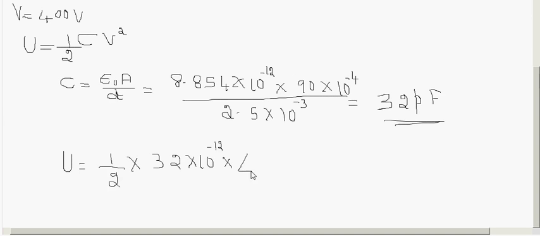So 400 square. Calculate this. This comes to 2.56 into 10 to the power minus 6, that is 2.56 microjoules. Calculate and verify the answer.